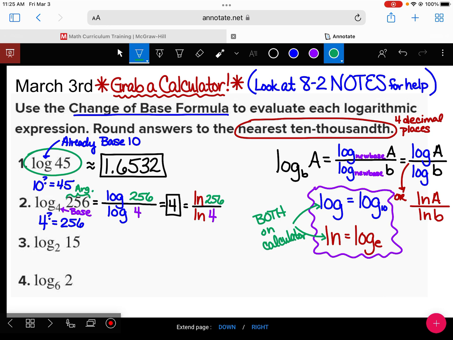We can change the base to any base we want. We can use the common log base 10, or we can use the natural log base e. It just has to be the same in the numerator and the denominator. If you go with common log on top, it has to be common log on bottom. If you go with natural log on top, it has to be natural log on bottom.